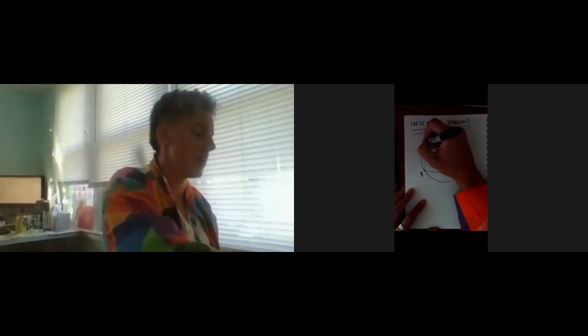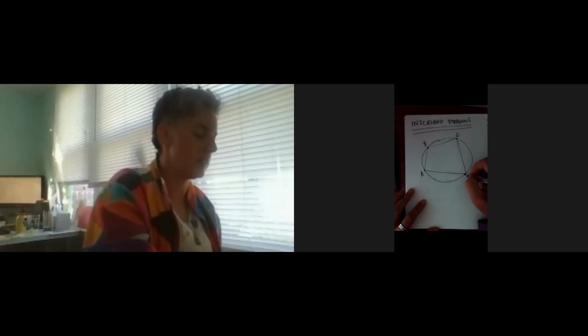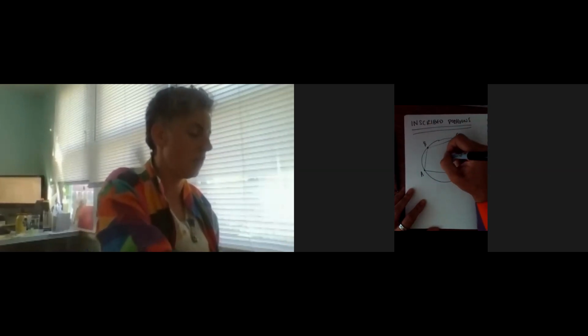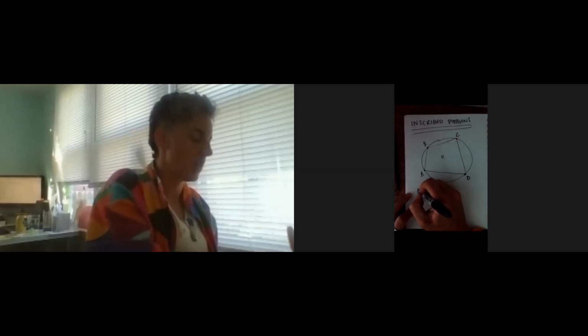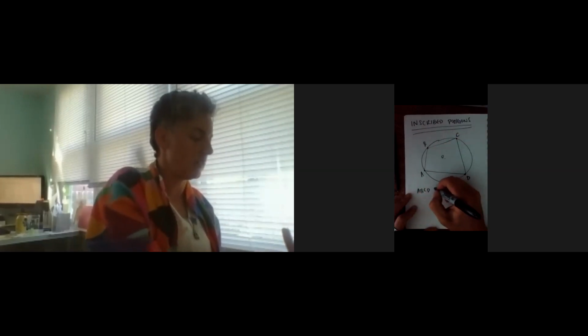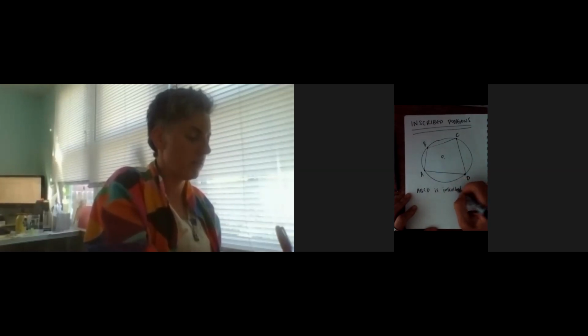Let's say it's A, B, C, and D, all about circle O. So ABCD is inscribed, meaning all of its vertices are on the circle.